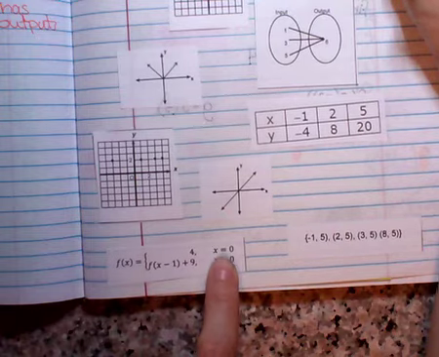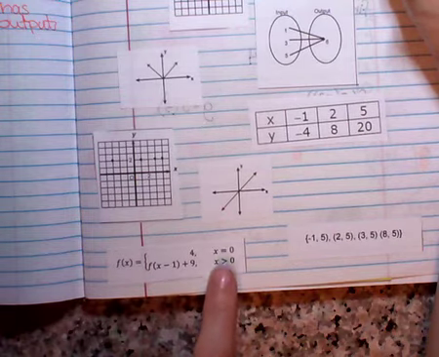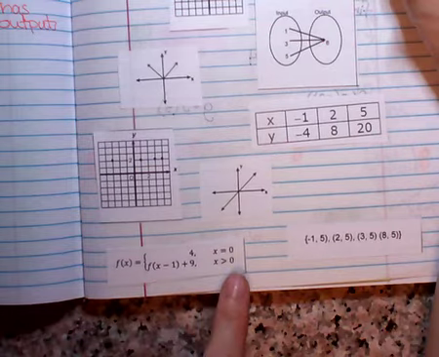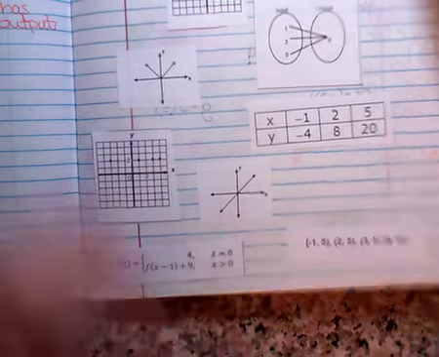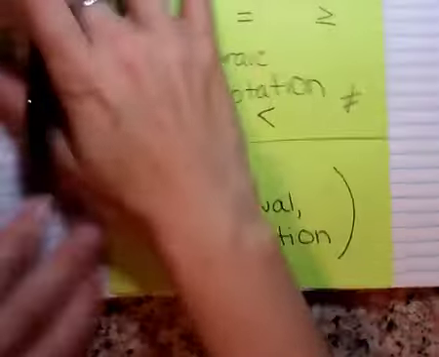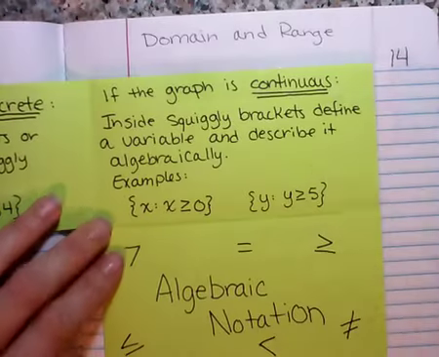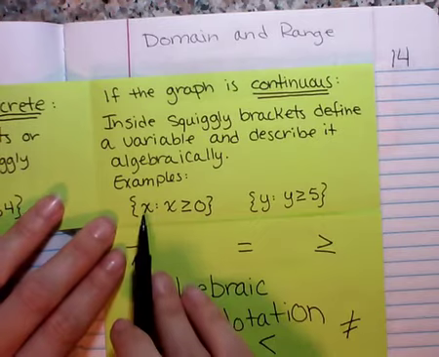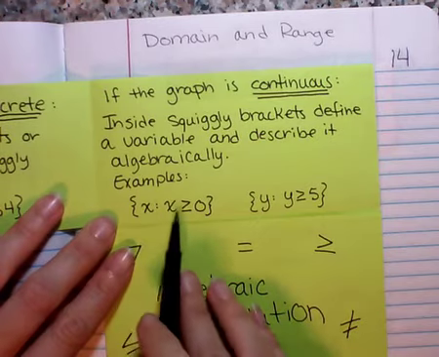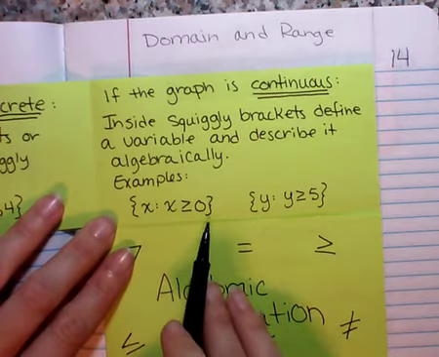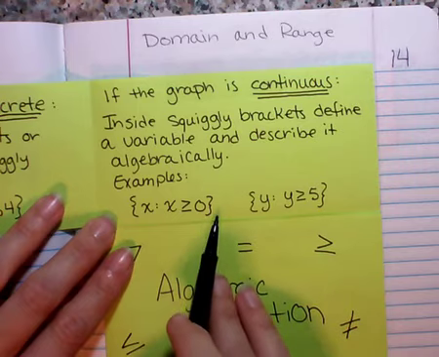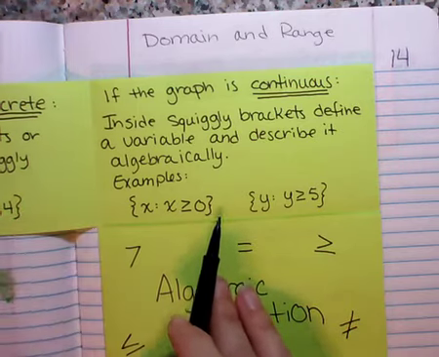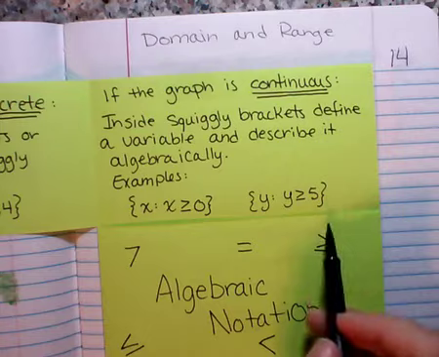This function is telling us we're starting our x values at 0, and then we're continuing with x values greater than 0. So our domain for that function, if we were to use set notation, we would say x is the variable we're talking about, and x is greater than or equal to 0. And then we close our squiggly brackets. We can also define our range using set notation.